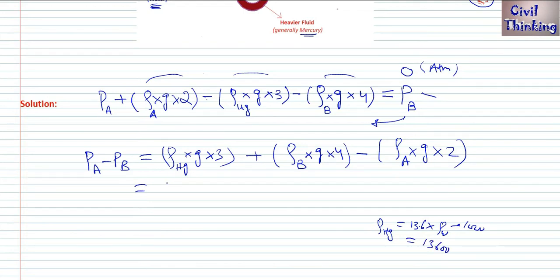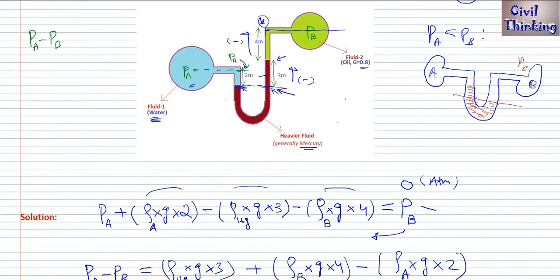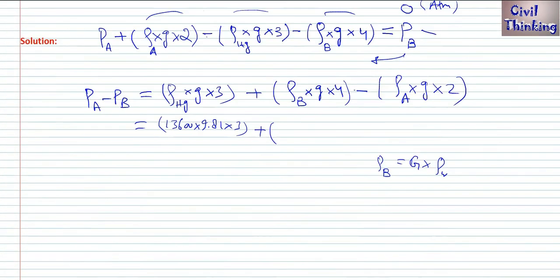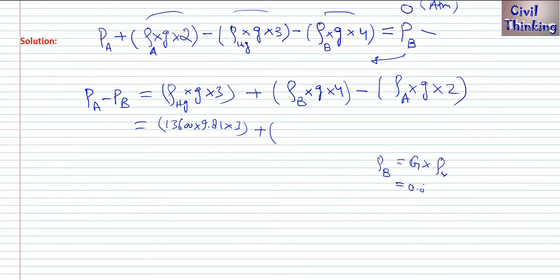So density of mercury 13600 multiplied by g, which is 9.81, multiplied by 3, plus, now again, what would the density of B be? The density of B would be the specific gravity of B multiplied by the density of water. Now how much is the specific gravity of B? It is 0.8. 0.8 multiplied by the density of water, 1000, this would be 800, right?